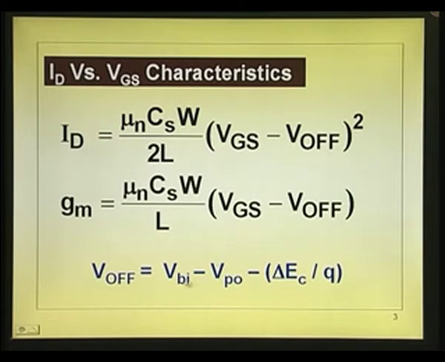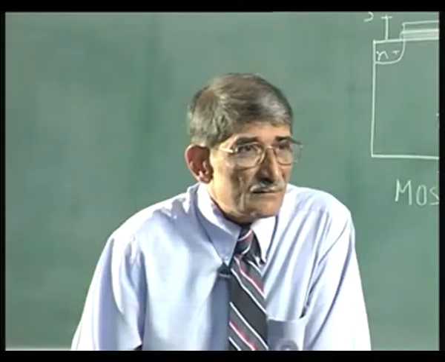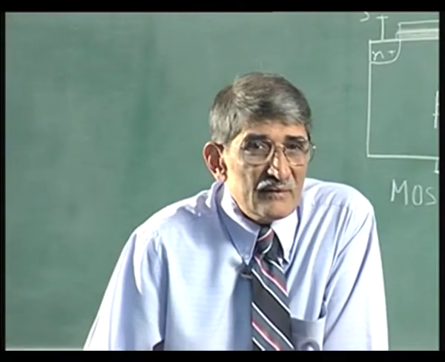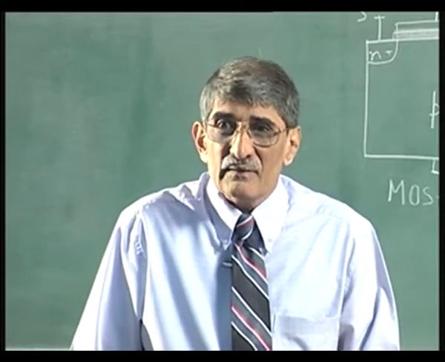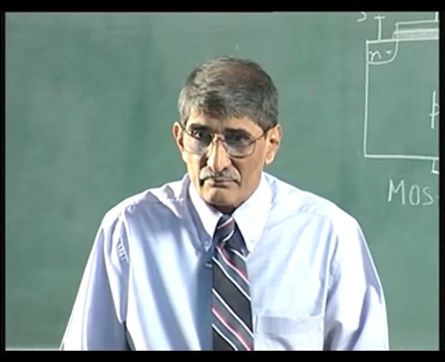If VBI is less than Vp0, this quantity will be negative. So, V off will be a negative quantity minus another positive quantity, that is, it is negative. So, you can be assured that if VBI minus Vp0 is negative, you have a device with V off, that is equivalent of the threshold voltage, which is negative. That is a depletion type of device.